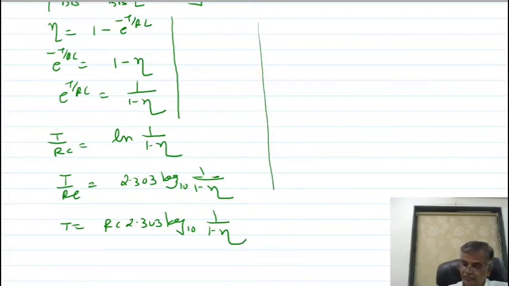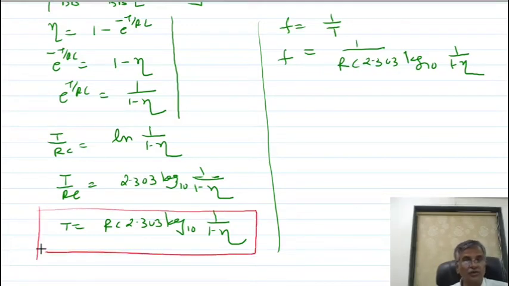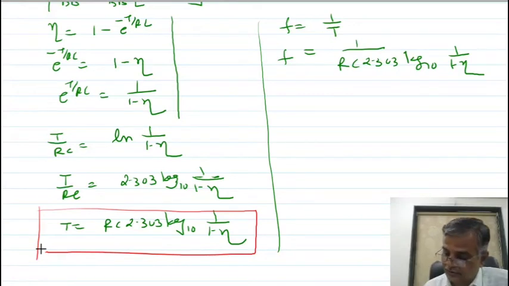Now, what about the frequency? 1 upon T. So frequency is given by 1 upon RC 2.303 log base 10 1 upon 1 minus eta.